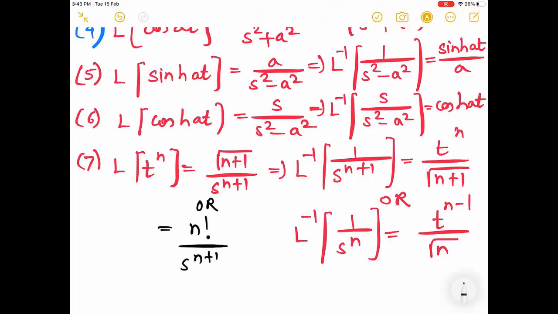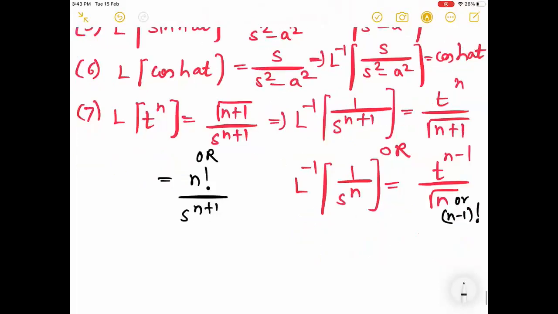So you may write Laplace inverse of 1 upon s raised to n as t raised to n minus 1 upon gamma n, or this can be written as n minus 1 factorial. If it is an integer, then you can write the answer as n minus 1 factorial.